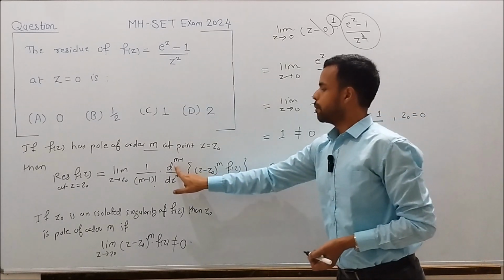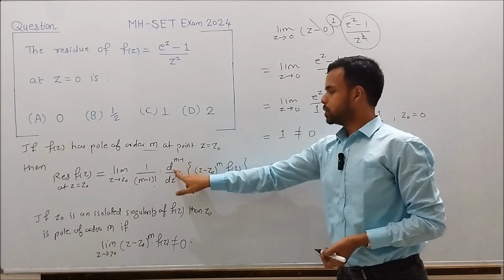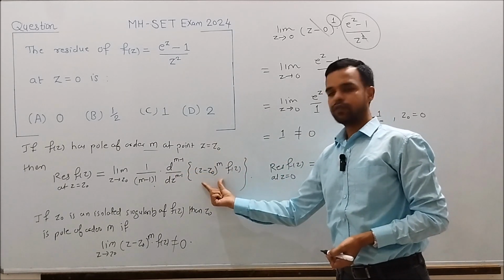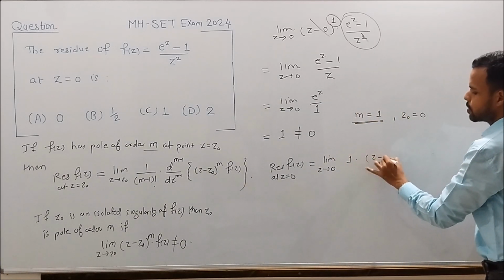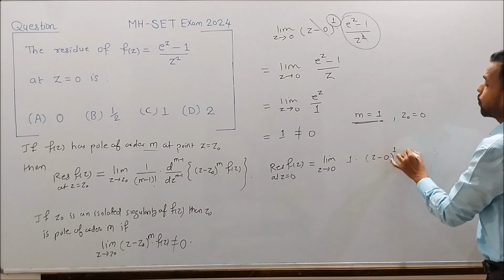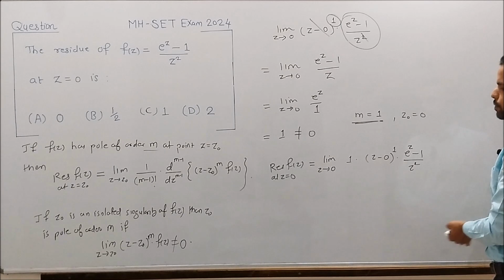And the (m minus 1)th derivative, where m is 1, so the 0th derivative of this function is the function itself. So (z minus 0) to the power 1 times f of z, where f of z is (e to the power z minus 1) upon z square.